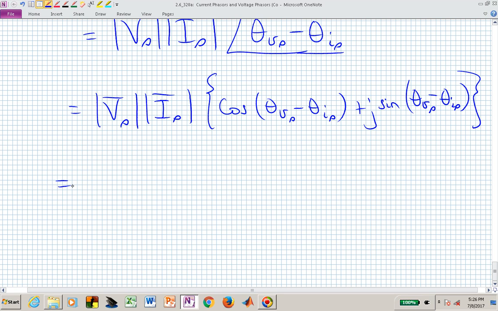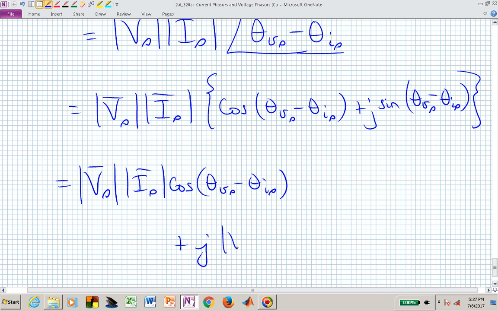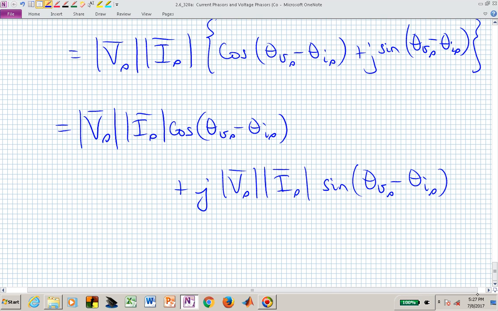Or, pushing that magnitude through both pieces, we now have V sub s, I sub s, cosine theta V sub s minus theta I sub s, plus j times V sub s, I sub s, sine theta V sub s minus theta I sub s. Or this is now P sub s plus j Q sub s.